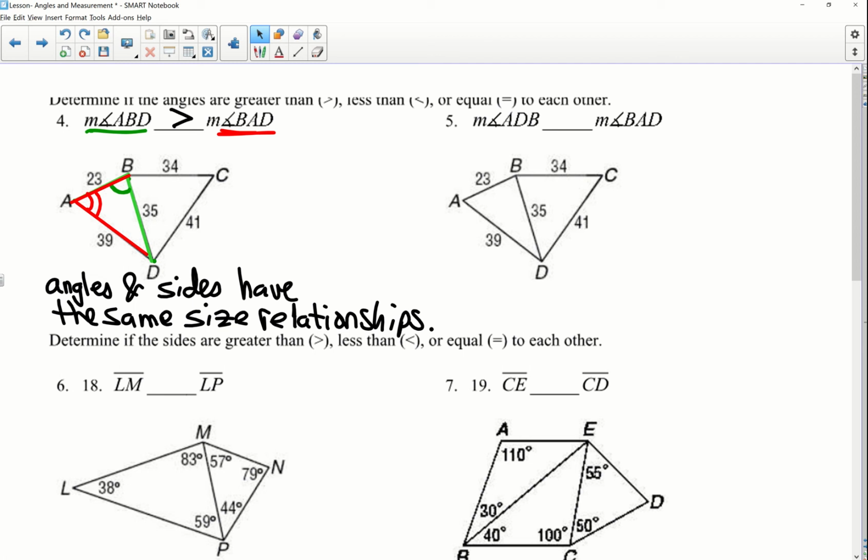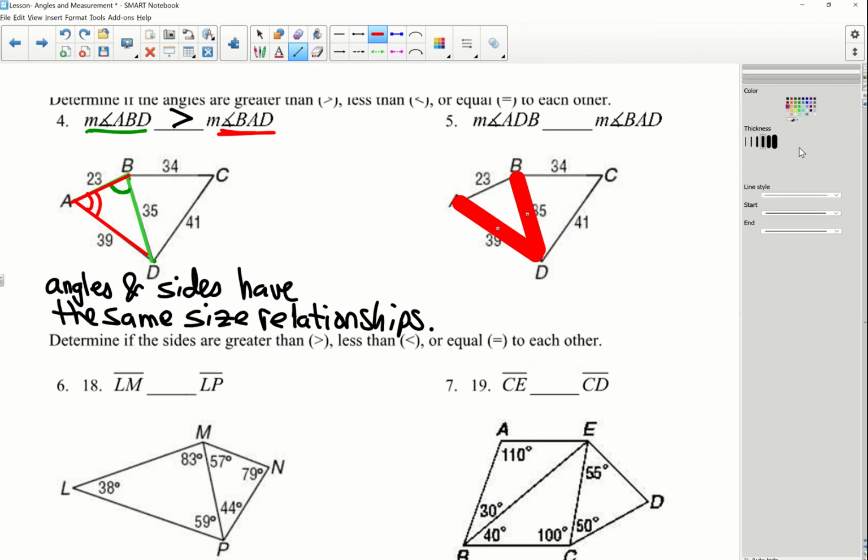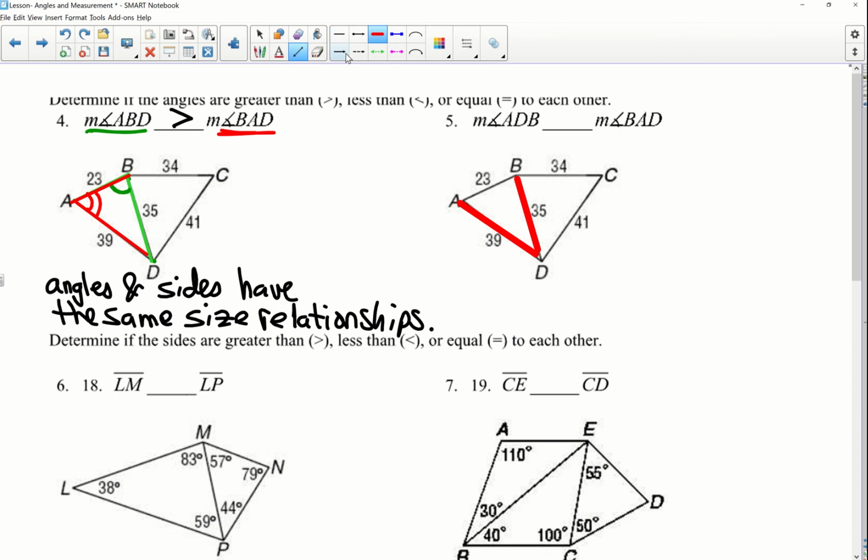All right, so ADB, I'll just rough this one out. ADB, I do not have a steady hand. I can't rough it out. I just can't do that. I'll use this red one though. Whoa. I do love it when people mess with my settings though.